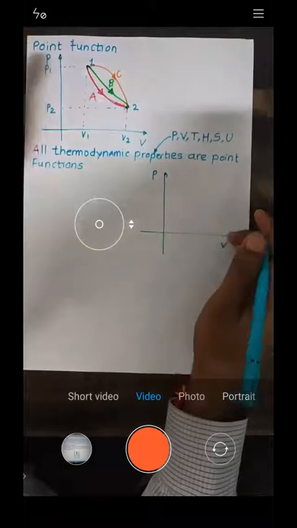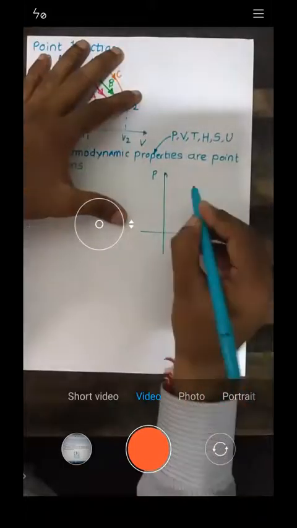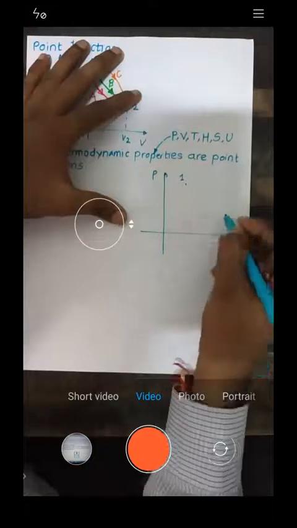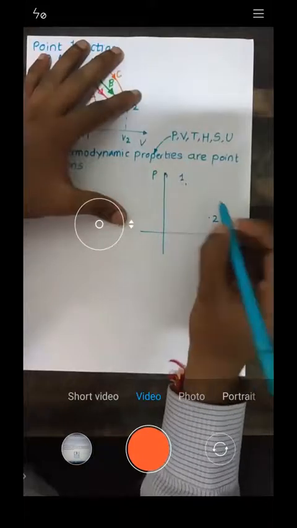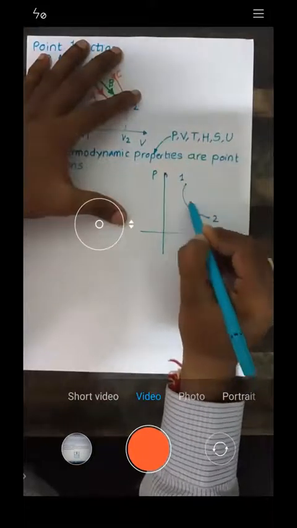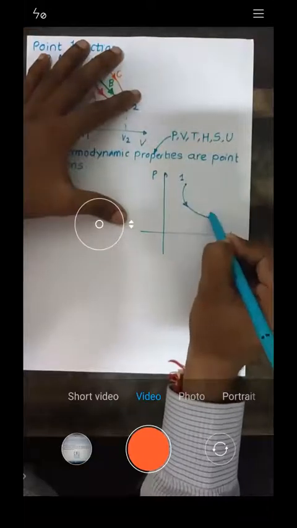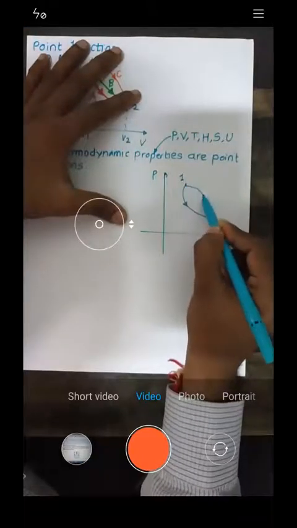Let's say this is point number 1, and this is point number 2. We'll move from point number 1 to 2 like this. Now again we will revert back from point number 2 to 1 like this.